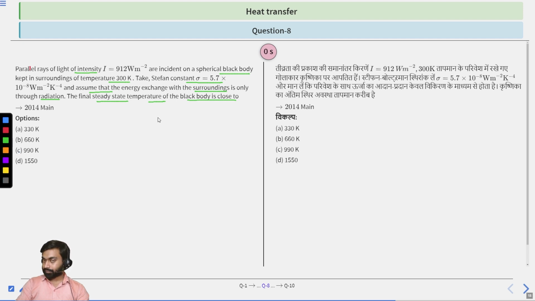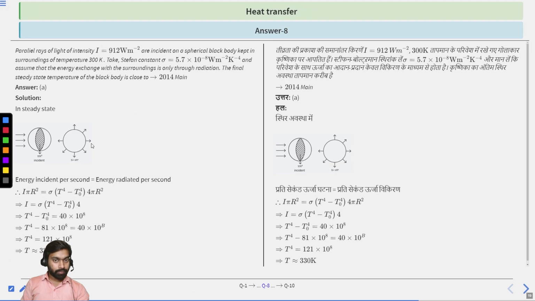Let's find a solution. So in steady state, the energy incident per second is equal to the energy radiated per second. The energy is incident on this black body, so I π r² is equal to σ (T⁴ − T₀⁴) 4π r². Solving this term, you will get I equal to σ (T⁴ − T₀⁴) multiplied by 4.